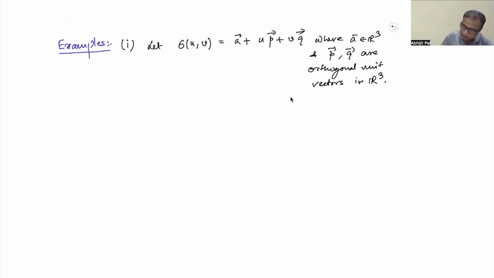Okay. Now sigma_u will be equal to the vector p here, and sigma_v is equal to the vector q here.